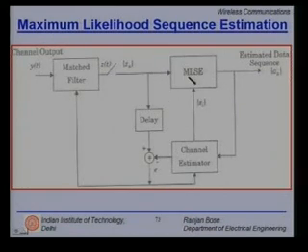You have this maximum likelihood sequence estimation, which is implemented using a Viterbi algorithm, and then you have a delay and channel estimator, which goes in a loop and adjusts the matched filter. Finally, after k stages, you get the estimated data sequence out.